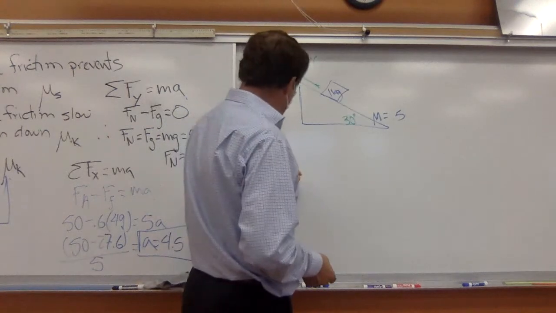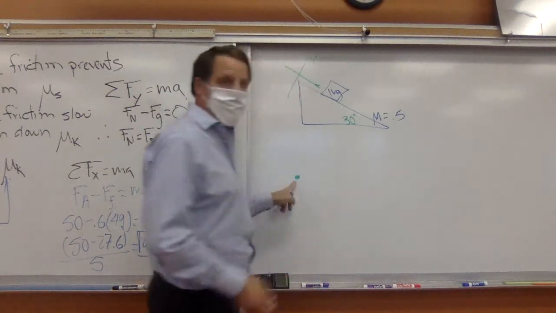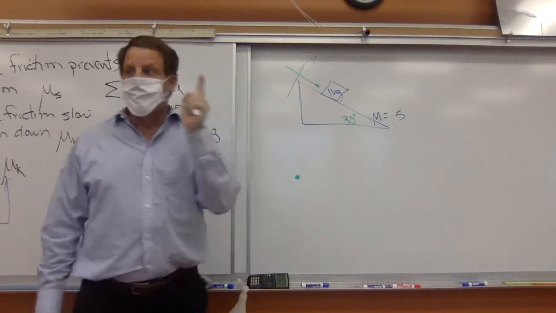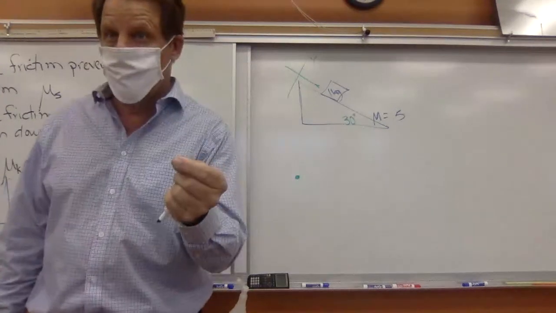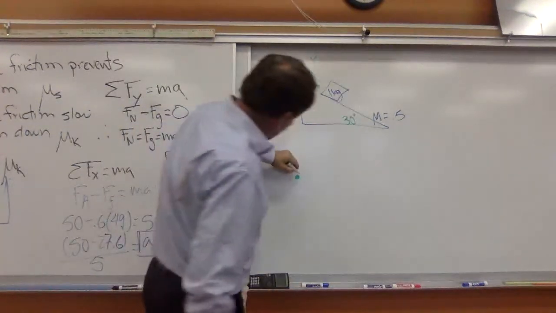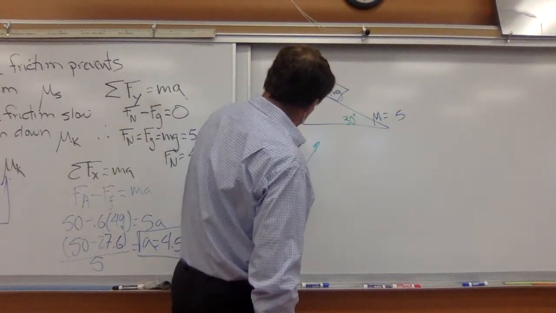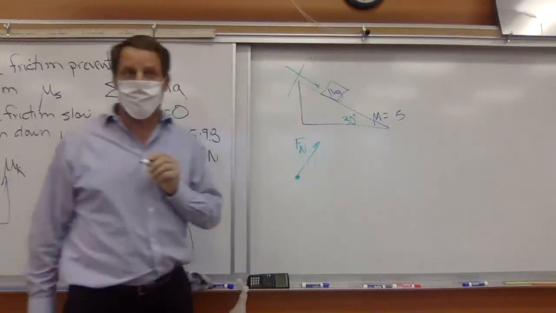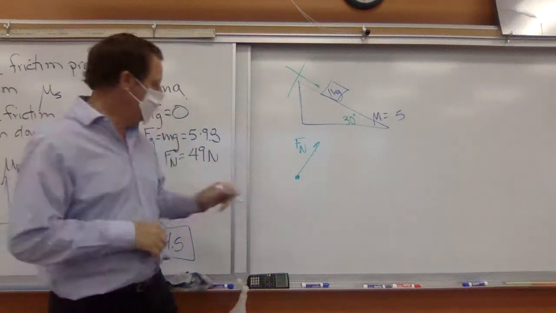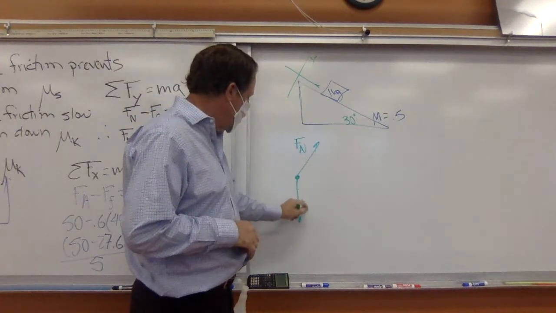Okay, now we're going to draw, and I'm going to do it separately here, although we could do it directly on our little picture there, everything that touches it, plus gravity, plus friction. Well, the only thing that's touching it is our normal force. Okay, plus gravity.